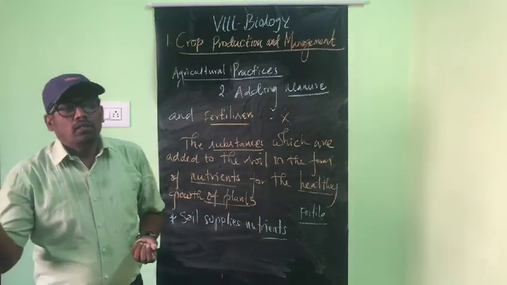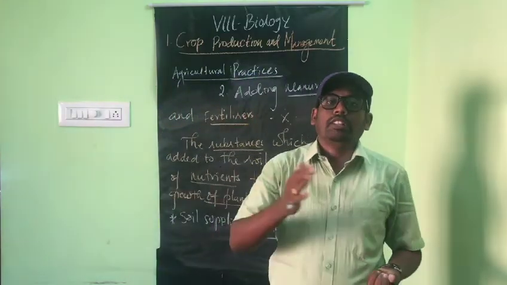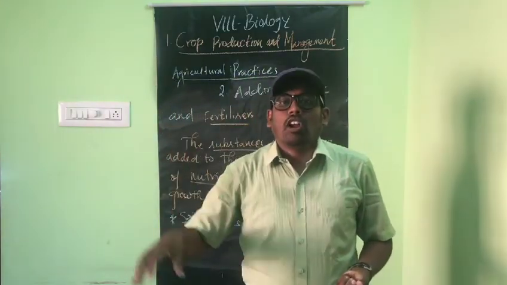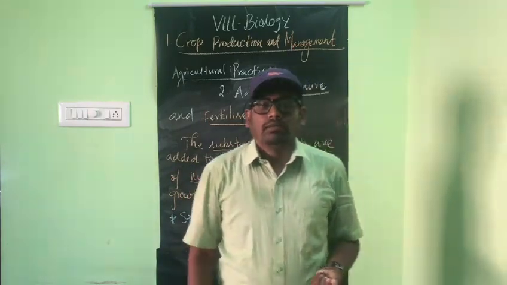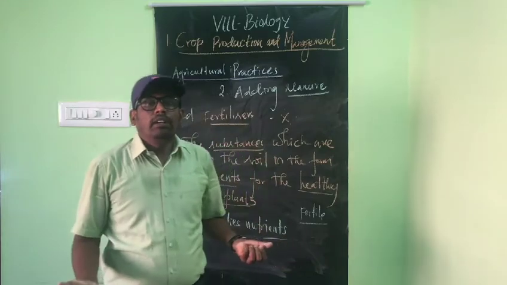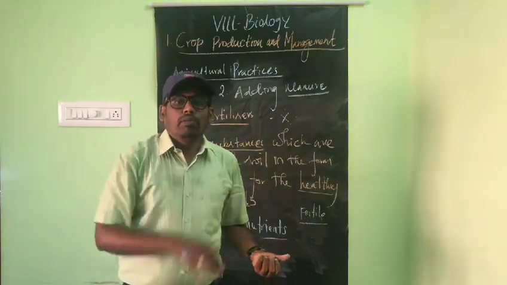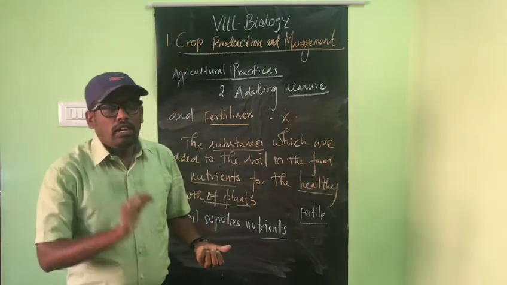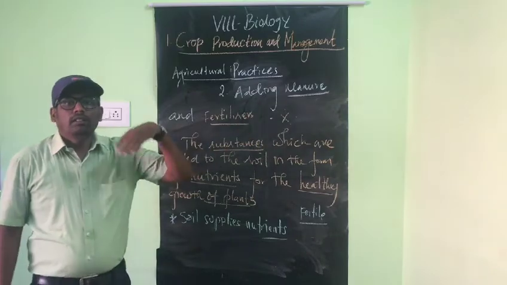When the farmers cultivate the crops continuously without gap, the crops absorb the nutrients from the soil. After some years, there won't be any nutrients in the soil. So at that time we have to add manure and fertilizer.